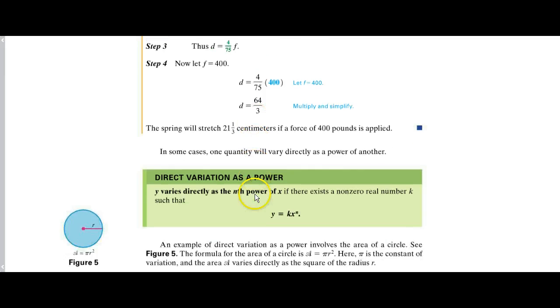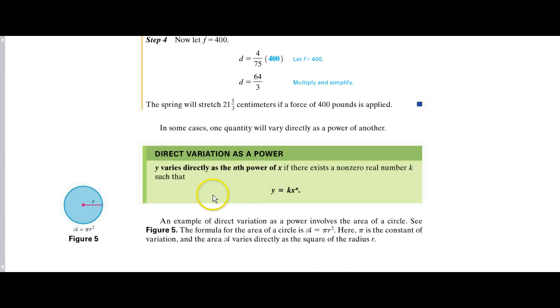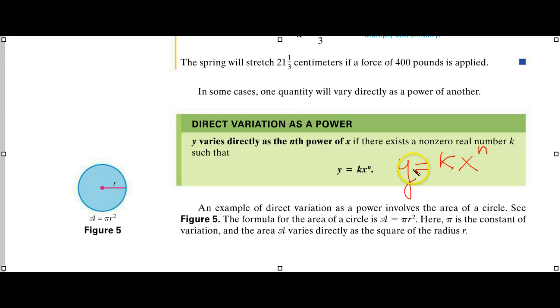All right, let's do one in regard to direct variation, where sometimes the value of x is raised to some power. There's an exponent. So let's take a look at that. So here we're looking at, again, the basic form of direct variation, but now your x value is going to be raised to some power, but your constant of variation stays the same.